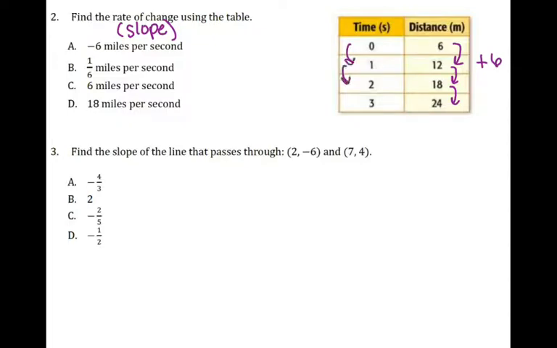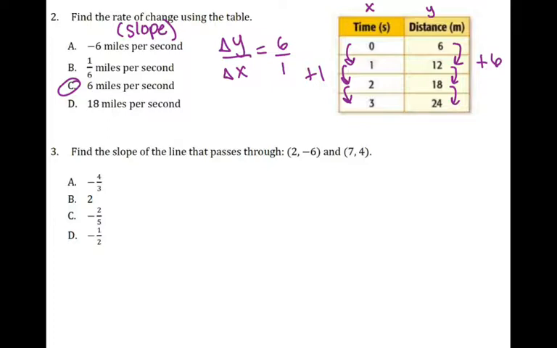And if I look at my time, I am increasing by 1. For your table, your time represents x and your distance represents y. When I'm looking at a table for slope, that is change in y over the change in x, which equals 6 over 1. So that is going to be 6 miles per second, or letter C.